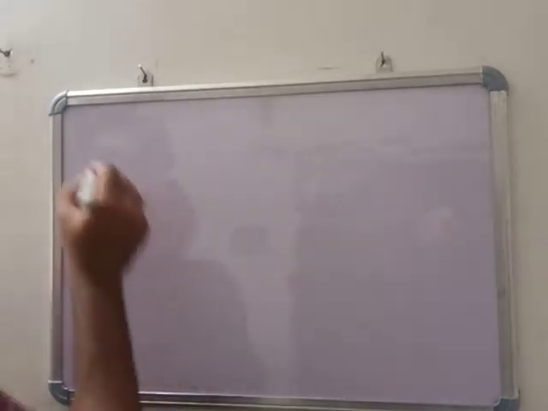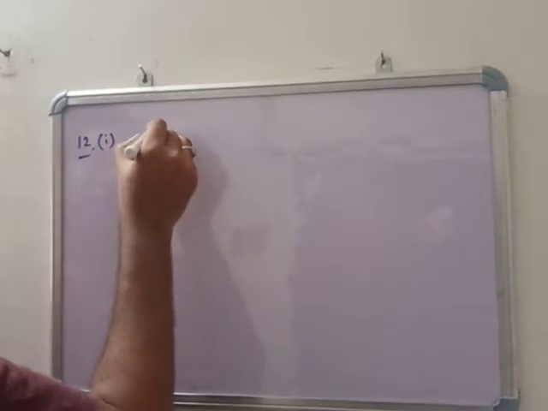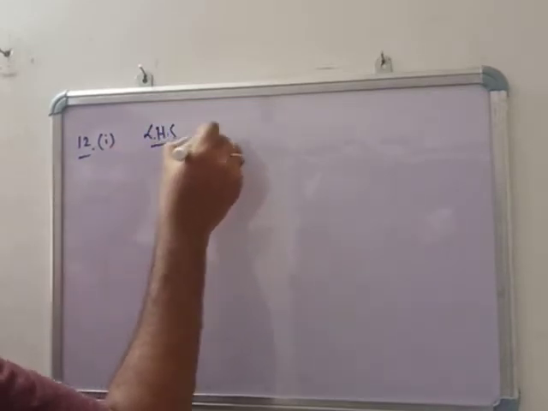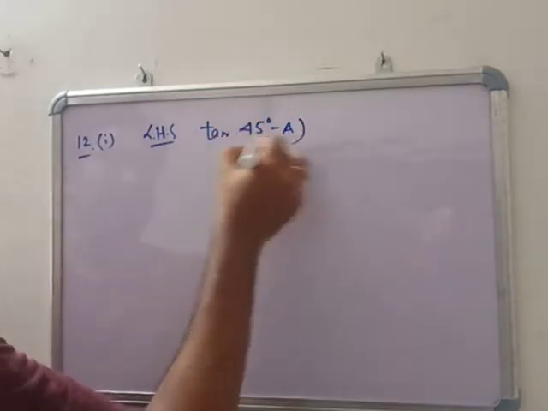Next one. In 12.1, you see that LHS is given tan(45 degree minus A).